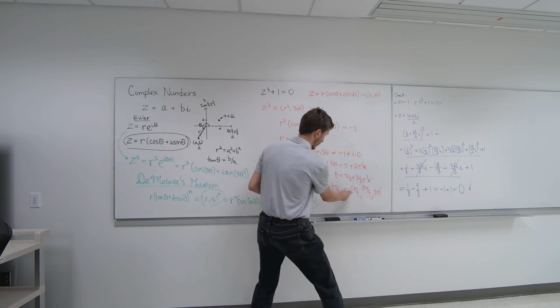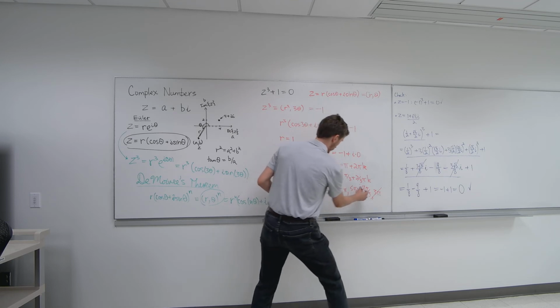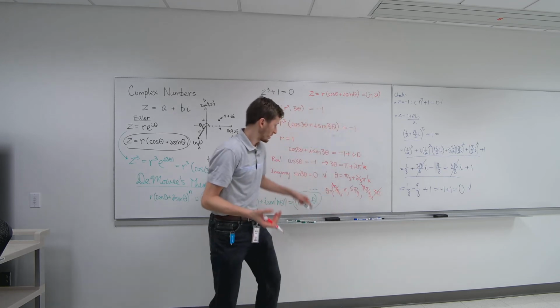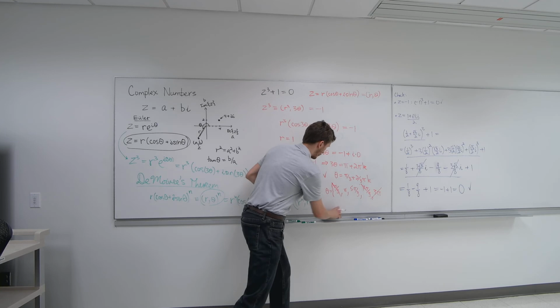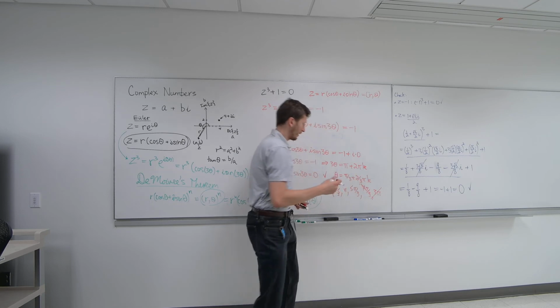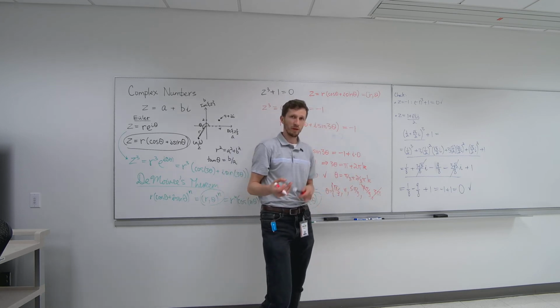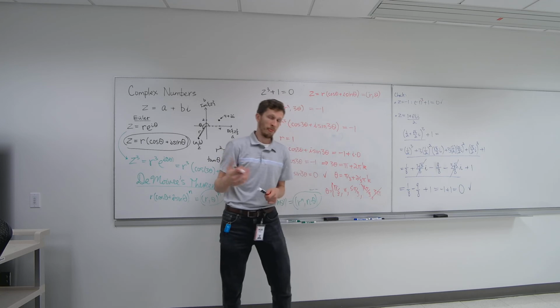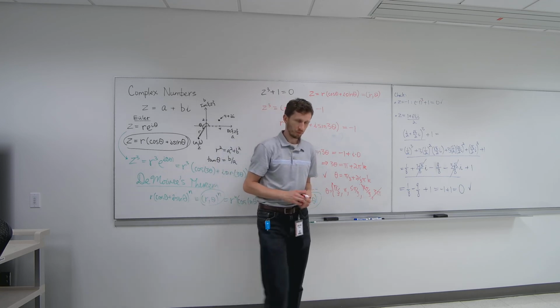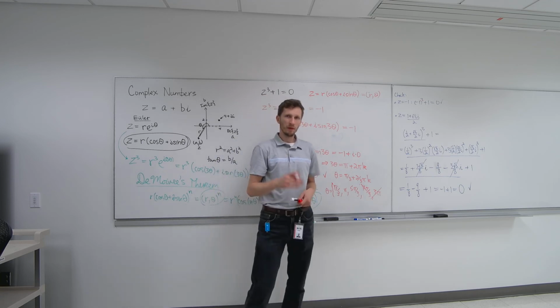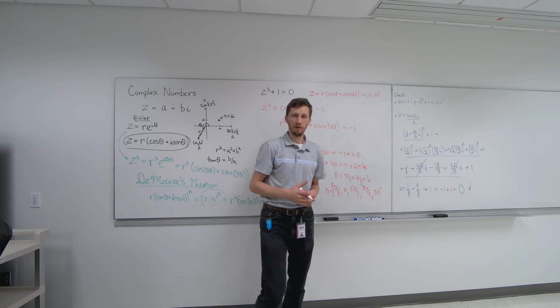We don't have to do it again. 7 pi over 3 turns out to be the same location as pi over 3. So we only have 3 locations left, pi over 3, pi, and 5 pi over 3. This is really confusing for some of us who have not done any of this complex number stuff before. But for our class, where we have looked at this quite extensively, I think it's a familiar result and a good review.